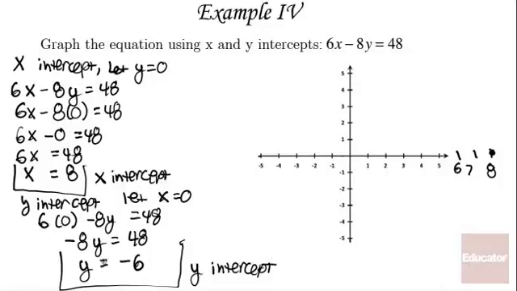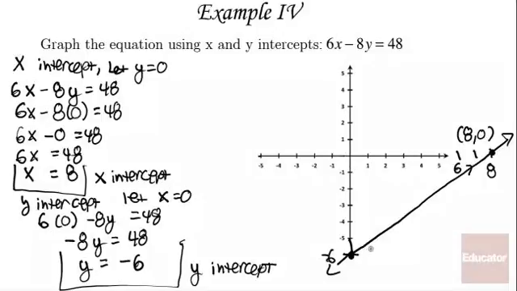Okay, so that means that my y-intercept is going to be down here at negative 6. So my x-intercept is here, my y-intercept is here, and now that I've got 2 points, I can graph this line. So remember, the value for the x-intercept is x is 8, y is 0.